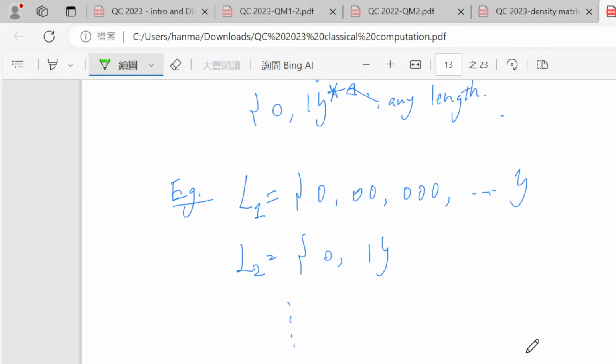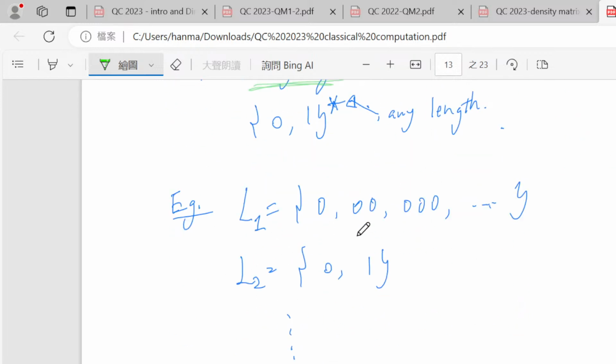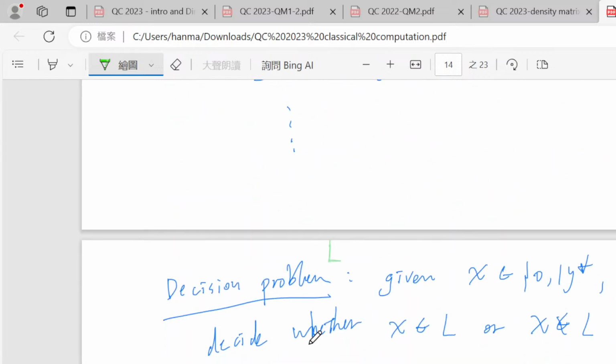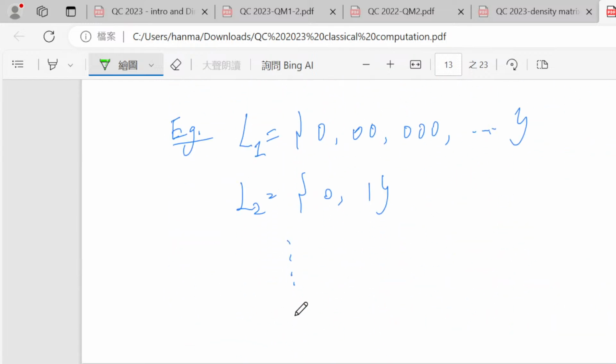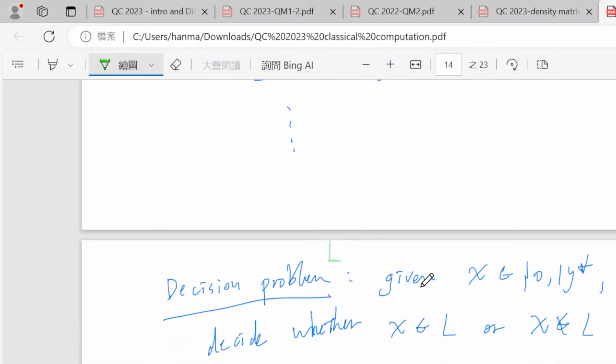So this really encompasses your problem at any size. A decision problem L is: given some x in {0,1}*, you want to decide whether x is inside your language or not. So we can define a decision problem of any size just by specifying this language L.